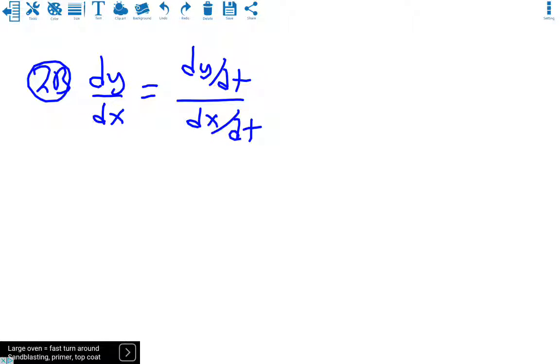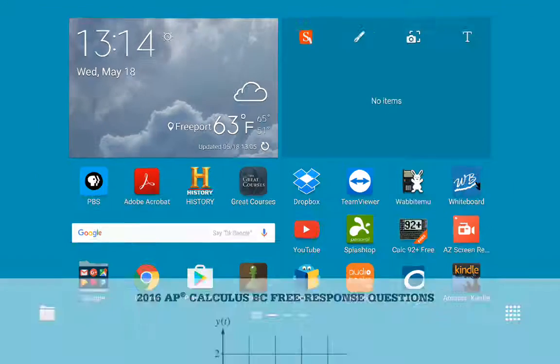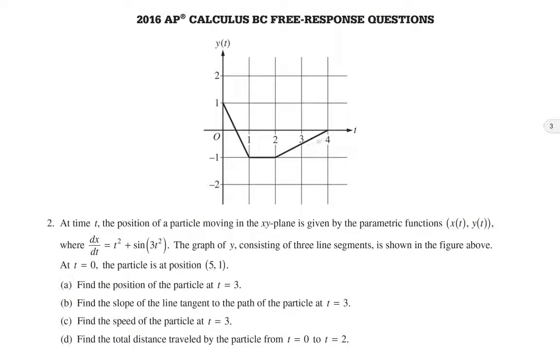Now what's dy dt at t equals 3? Let's look at the graph. At t equals 3, didn't we say dy dt was the slope of that line from (2, -1) to (4, 0), which is 1/2? So we've got that. And then don't forget that x prime, dx dt, is given as t squared plus sine of 3t squared. Just plug in 3.